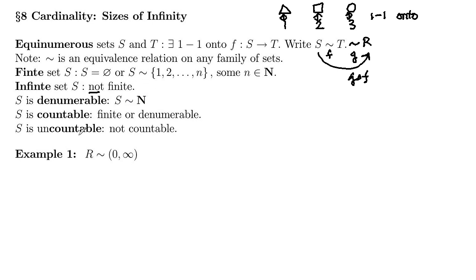And then infinities that are bigger than countable are called uncountable. So uncountable, not countable, that means you cannot put it in one-to-one correspondence with the natural numbers. So S is not equinumerous with the natural numbers. Okay, so if it's too big, you can't put it in one-to-one correspondence with the natural numbers.